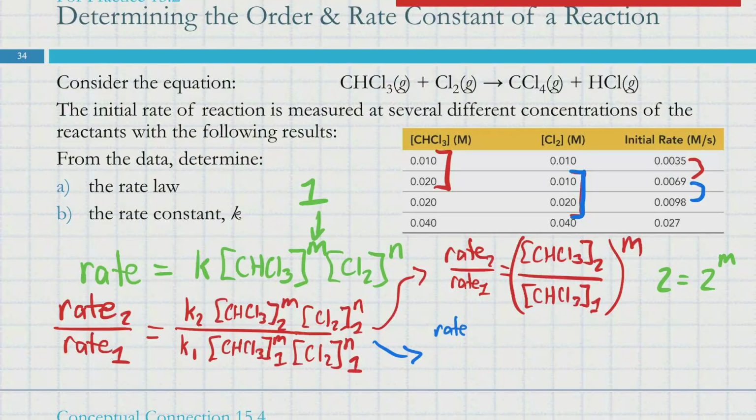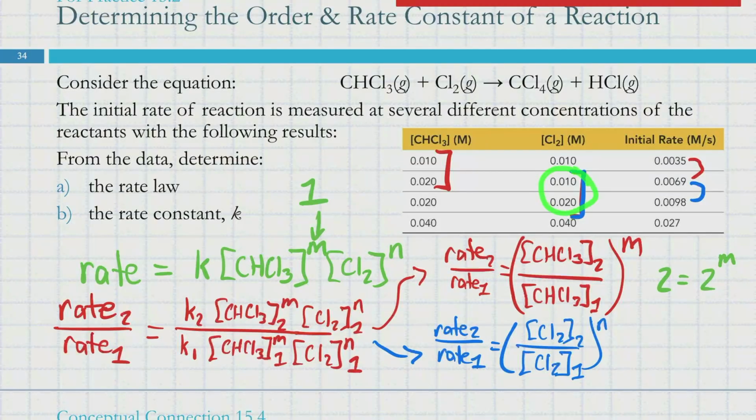So then we do the same process, same concept, for Cl2. This time we've still doubled our concentration of Cl2. So the right side is going to be 2 raised to the n power.